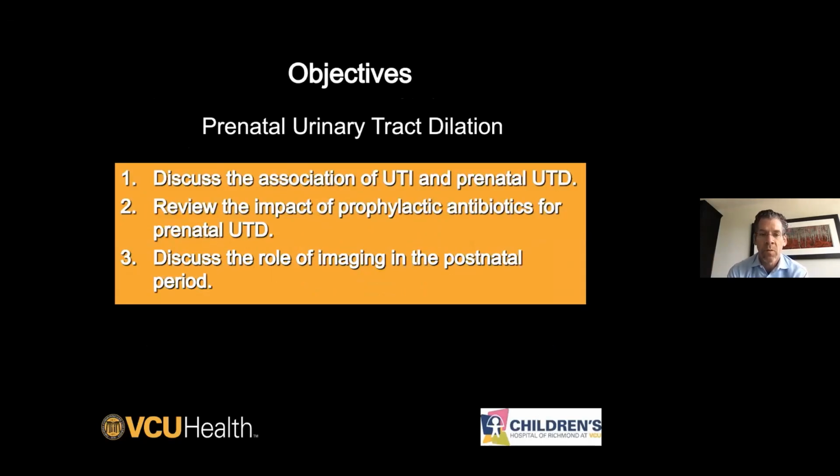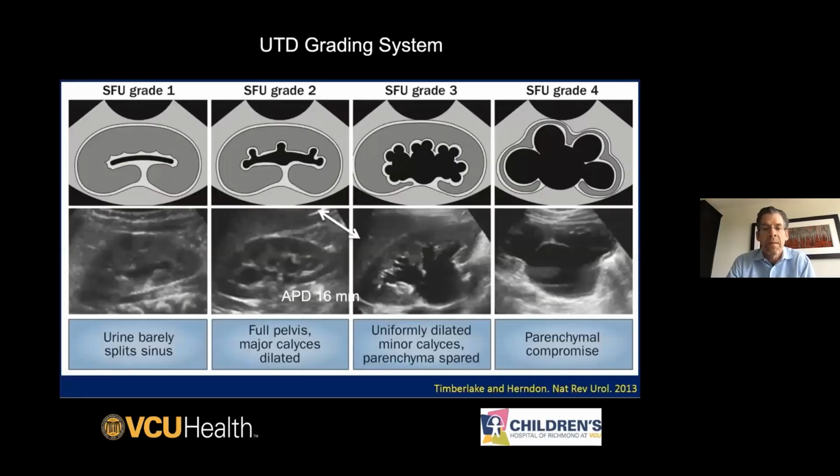So the goals will be to discuss the association between dilation of the kidney and urinary tract infection, the impact of antibiotics, and the role of imaging once the kids are born, with respect to the timing of the imaging and those sorts of things. In terms of grading systems, we have two that we currently use that are combined to create the urinary tract dilation grading system.